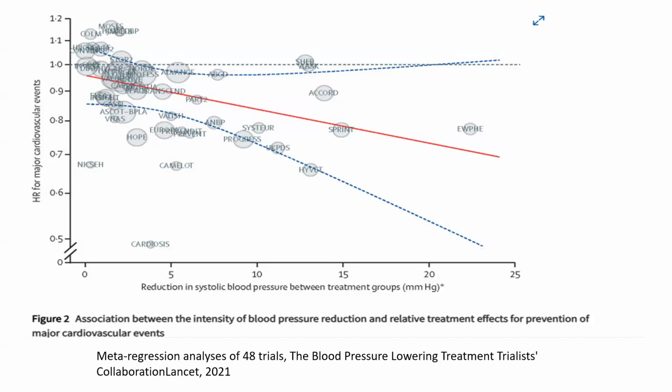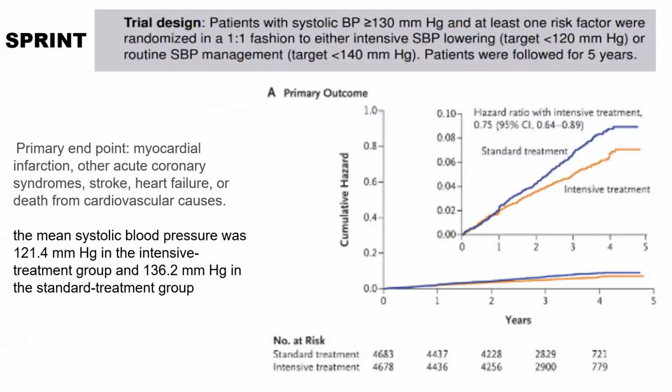And among these trials, the SPRINT trial is a landmark trial. The design was that patients with systolic blood pressure greater than or equal to 130 millimeters of mercury and at least 1 risk factor were randomized to intensive systolic blood pressure lowering or routine systolic blood pressure management.